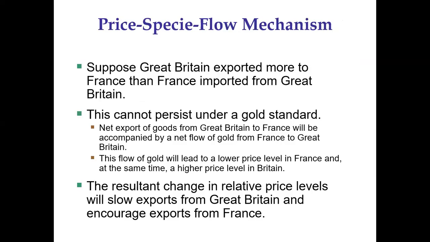This flow of gold will lead to a lower price level in France and at the same time a higher price level in Britain. This results in a change in relative price levels, slows the exports of Great Britain and encourages exports from France. So let me explain this with an illustration.